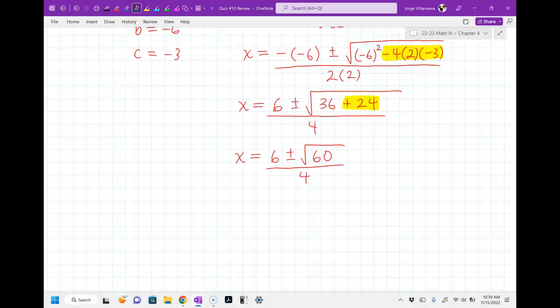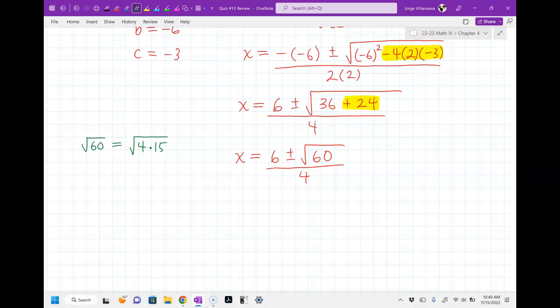Now, if you have one of those calculators that I told you about that can actually do this by punching it in, where your calculator will take a radical 60 and spit out the actual reduced form, then perfect. But if you don't have that, then you've got to think, okay, two numbers that multiply to 60, but one of them has a square root: 4 times 15.